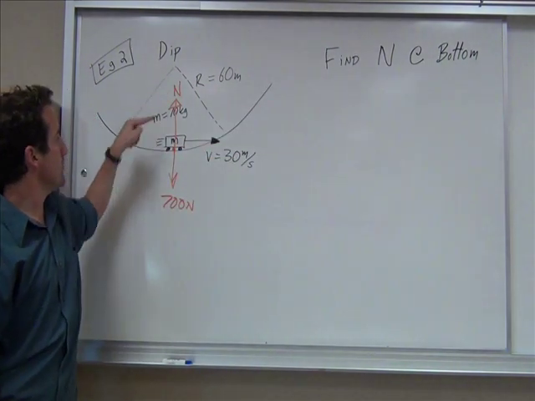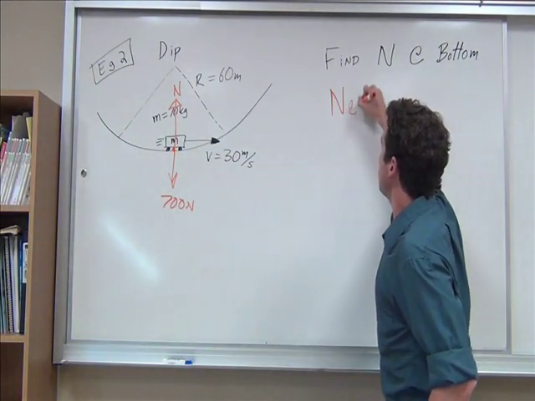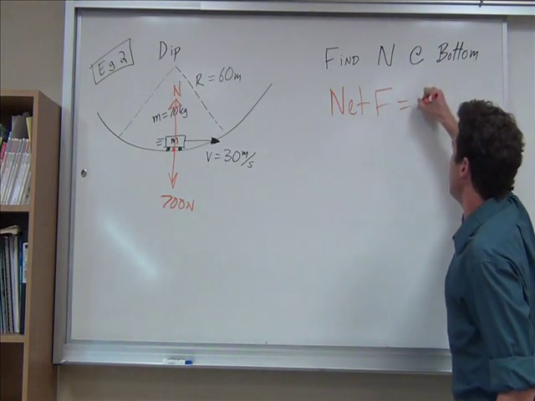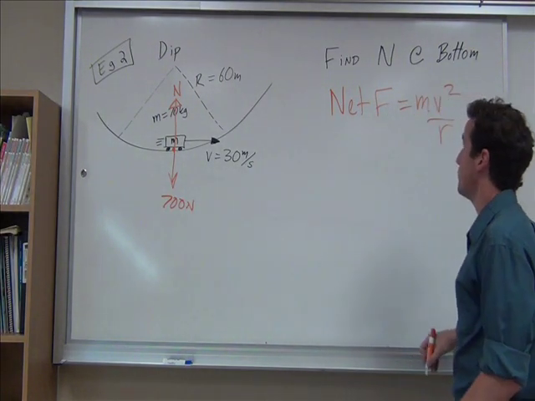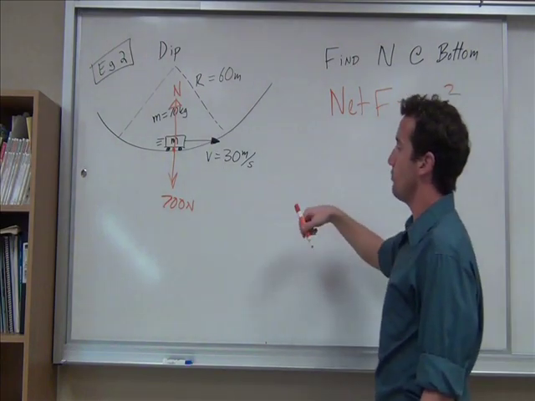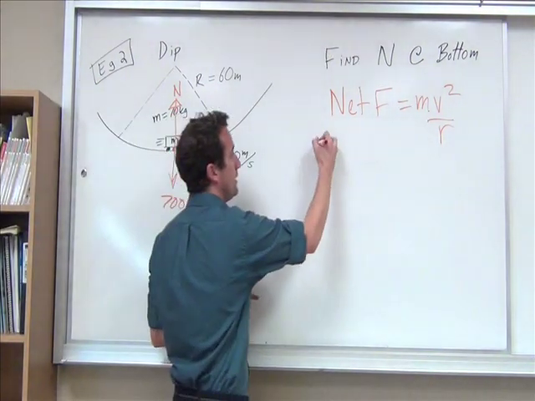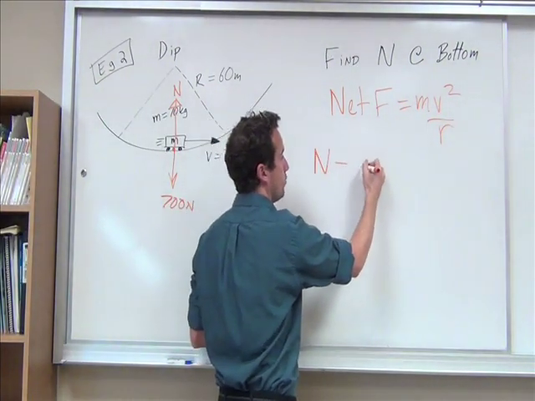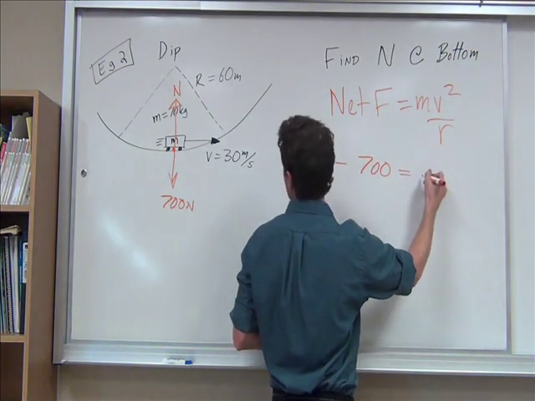So the normal force must exceed the weight. Start with net force equals mv squared over r, because it moves in a circle of radius r. Plug in the two forces, n up and weight down. Normal force minus the weight equals mv squared over r.